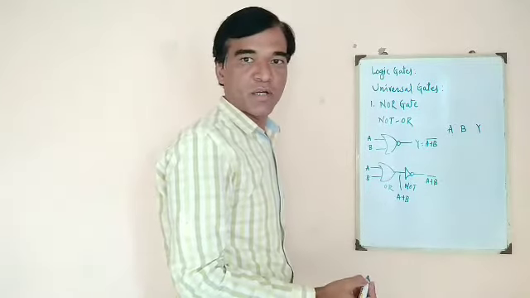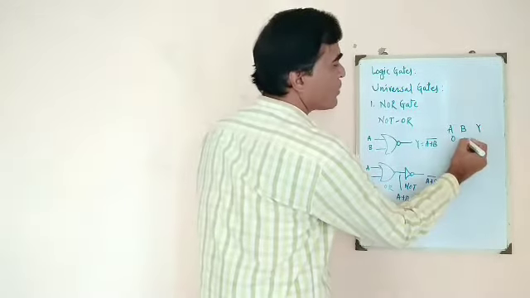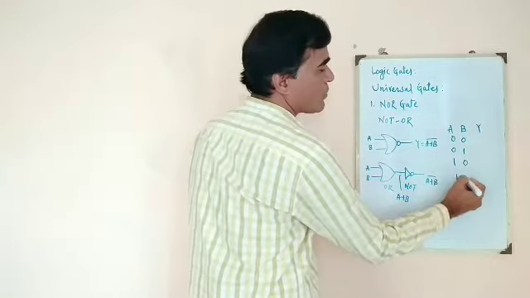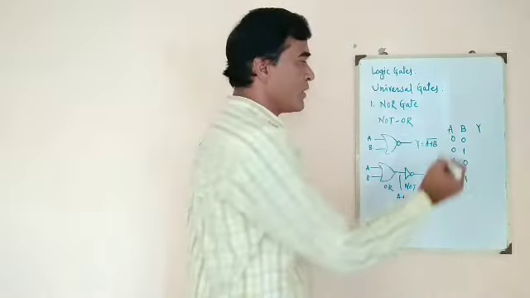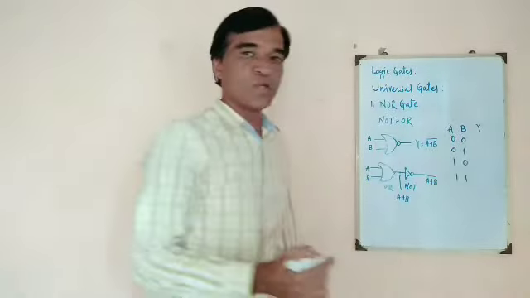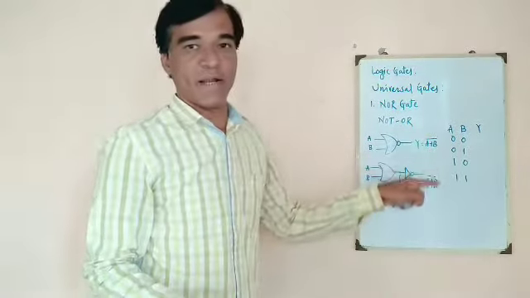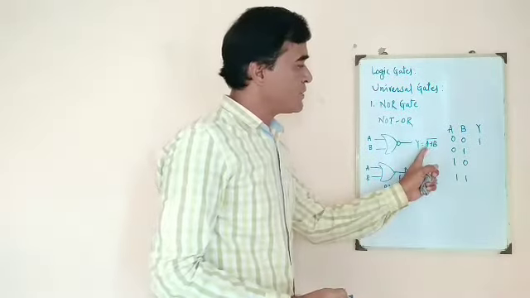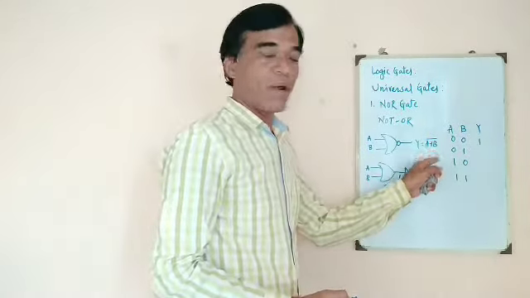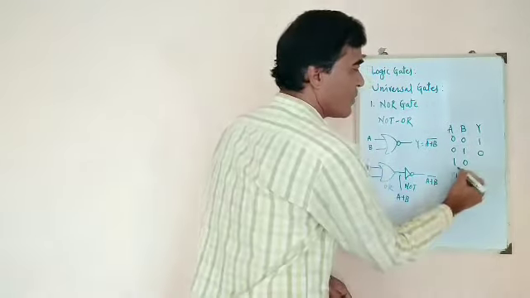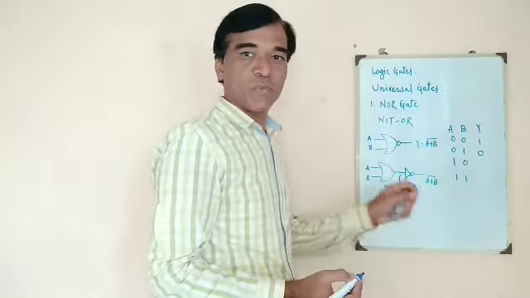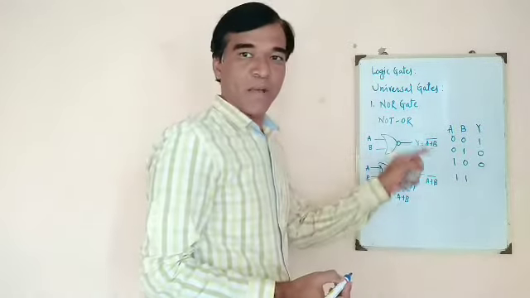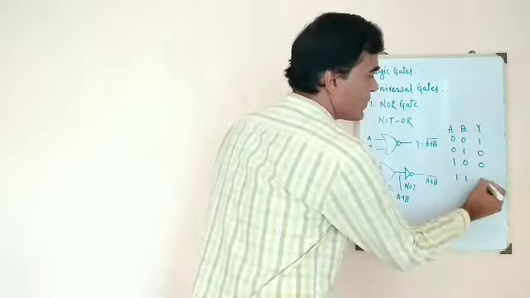Different input combinations are 00, 01, 10, 11. 0 plus 0 is 0, and its complement, I'll get a 1. 0 plus 1 is 1, its complement 0. 1 plus 0 is 1, its complement 0. 1 plus 1 is 1, its complement, I'll get a 0.